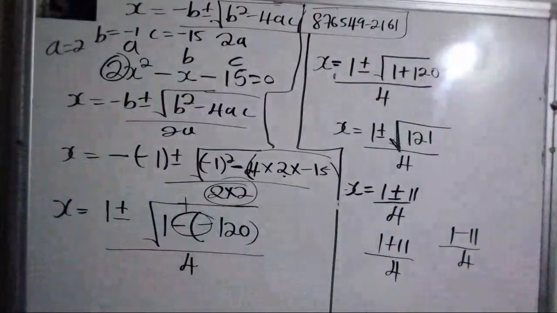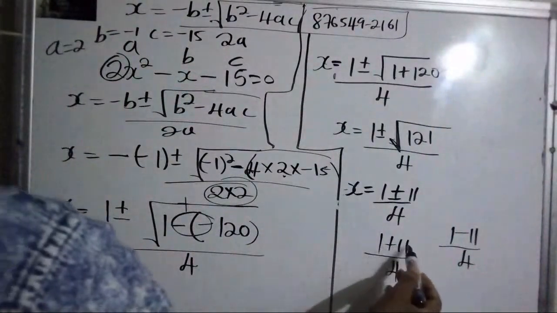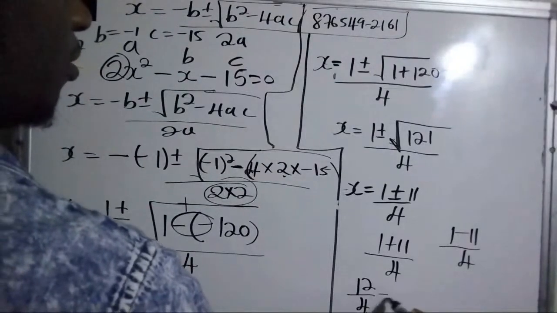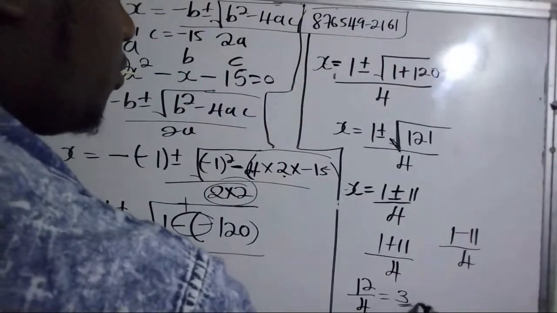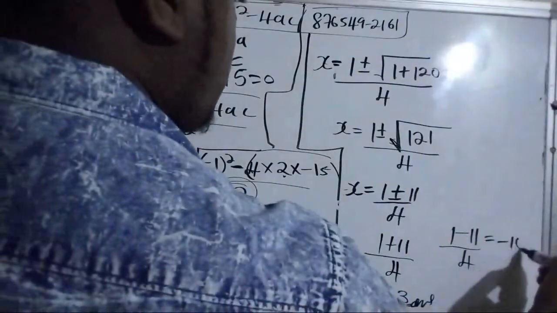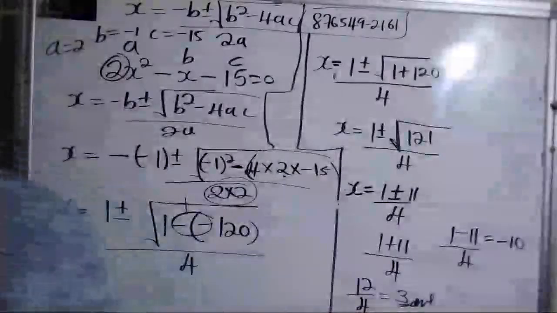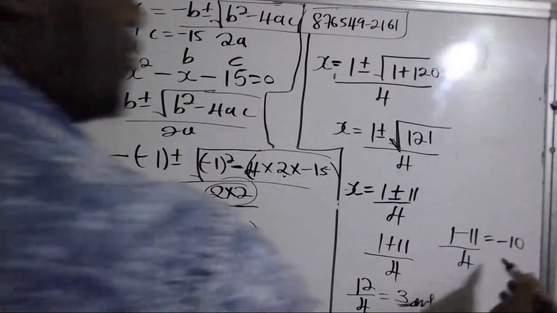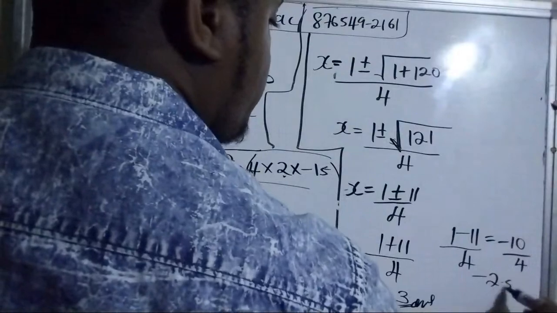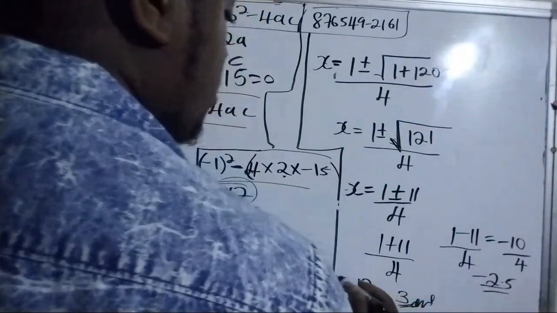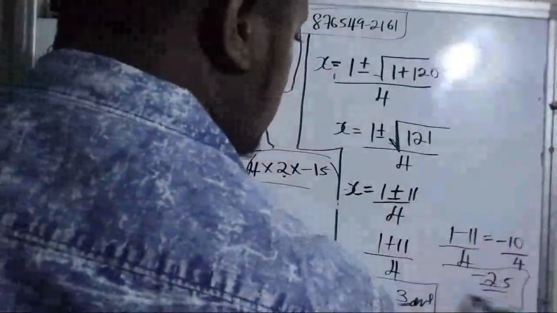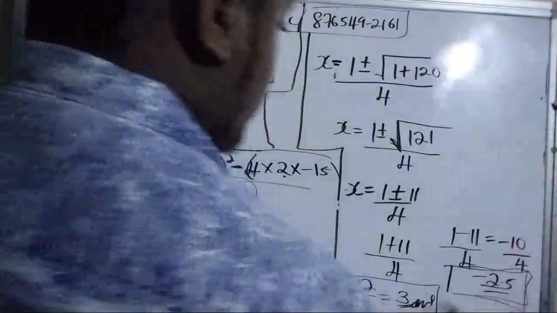So we're going to get two solutions. 1 plus 11 gives us 12 over 4, which works out to 3. So that's one of the answers. And then this is going to give us negative 10, since the 11 is bigger, and then we divide by 4, which gives us negative 2.5. So our answer would be x equals 3 and x equals negative 2.5.